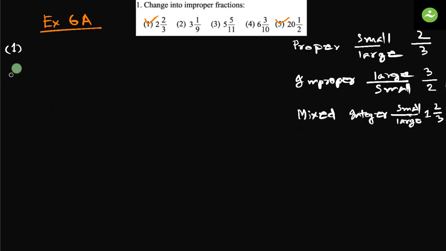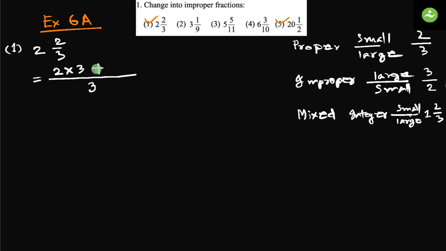Okay, now let us start with number 1. 2 and 2/3. How do we solve it? Let us do it in the simplest way. This equals, keep the denominator as it is, 3. Multiply the integer by the denominator, 3.